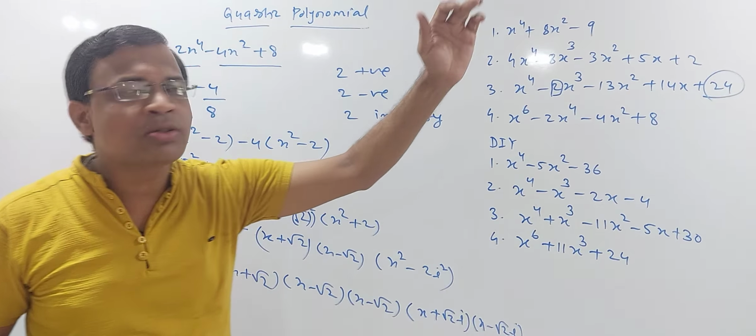There are so many tricks, just by observation you can come to some conclusion. Here if you convert this into odd, you need to add 0x power 5, 0x cube, 0x. And then if you check the sign change, you will find that 2 negative sign changes will be given. So that means you will get 2 negative roots.